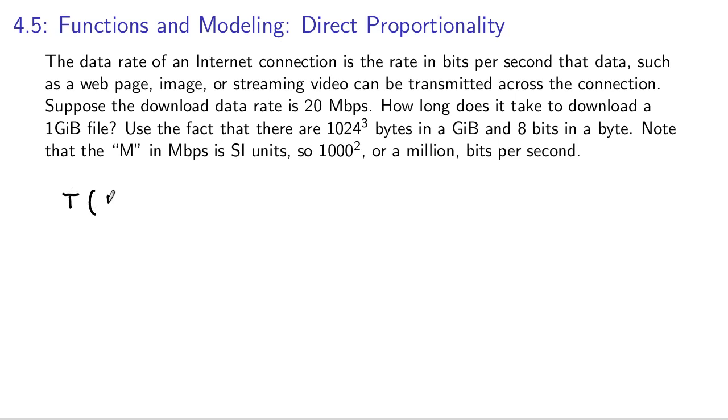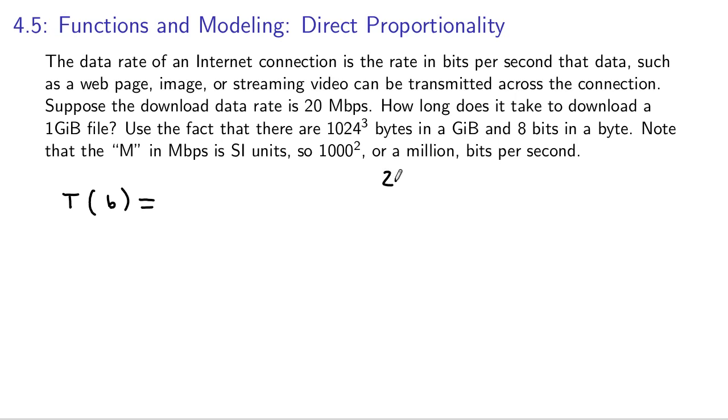I'll just write little b for bits. Okay, so in this case we want to know time. We have the opposite given as our constant. So we're told 20 megabits per second, but here we want the seconds to be the thing we get out, not the bits.